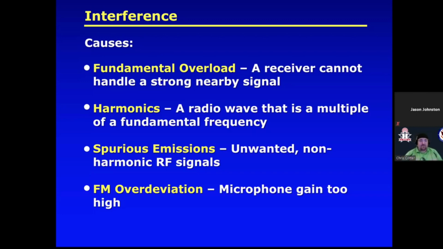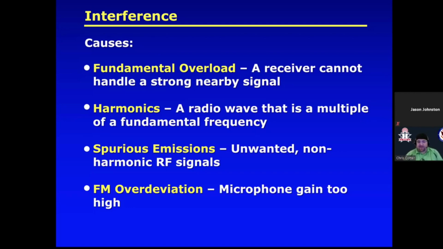It's just so powerful that in ham radio, you will often hear this referred to as desensing, desensitizing, desense. So that's something that you will experience as a ham radio operator if you transmit too close to another radio on the same frequency.